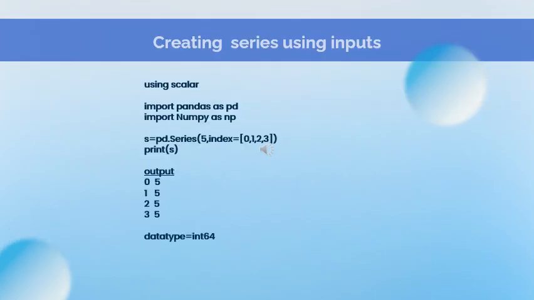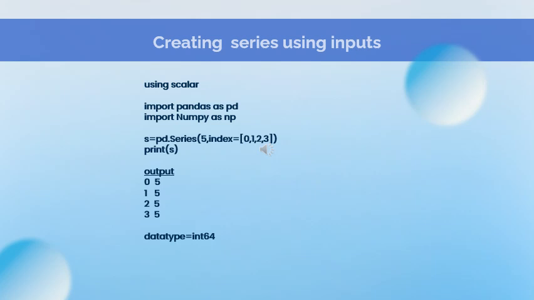Let us discuss creating series using scalar values. Before we start, we need to import pandas using import pandas as pd and the numpy library using import numpy as np. We have created an object called s, in which I have stored a series with the number 5 and the index values 0, 1, 2, 3.